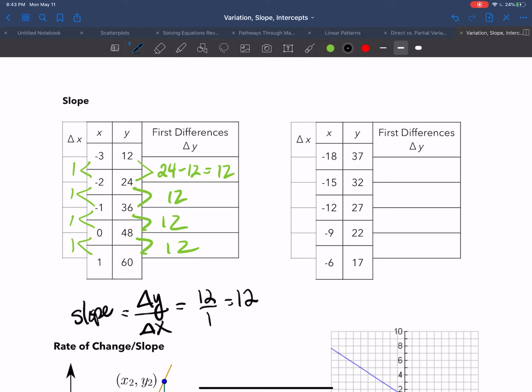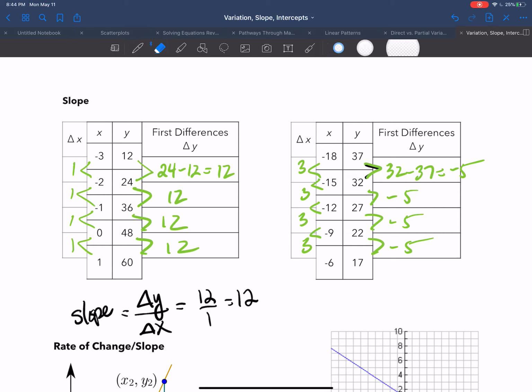Here we have to be a little bit careful. Figuring out the delta y, the difference in the y's, isn't too hard, it's -5 because it's decreasing by 5. But I can't just assume my slope is -5, because if I look at my x's, it's going up by 3. Oops, I should draw my arrows in the right spot there, didn't I?